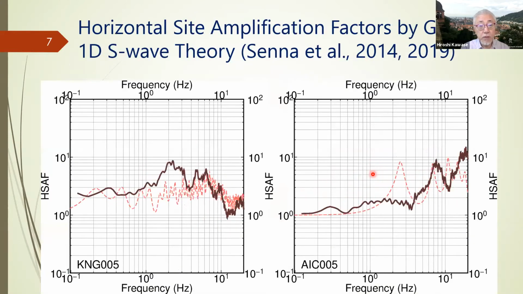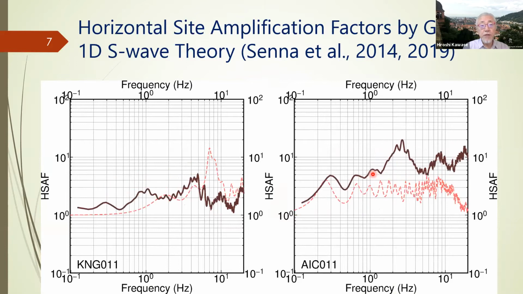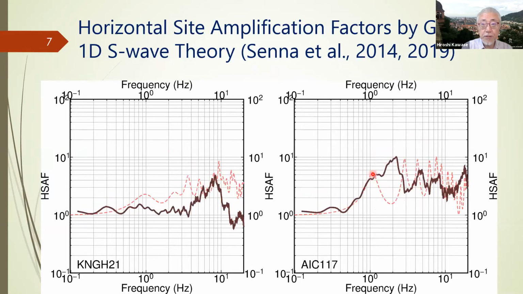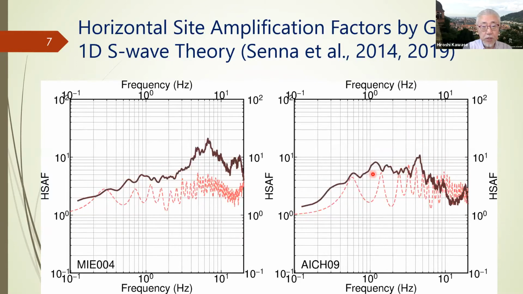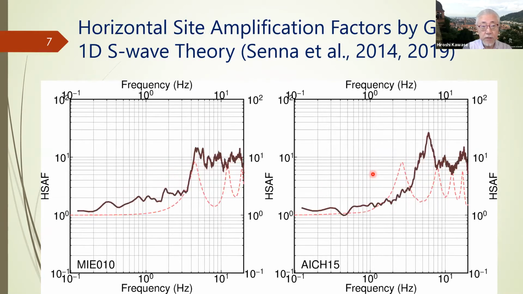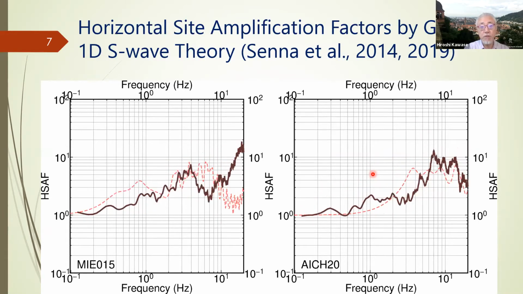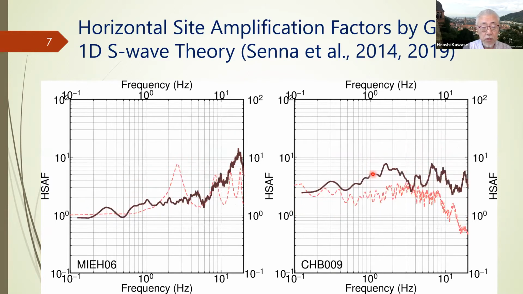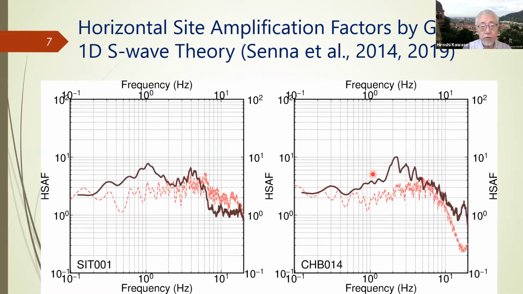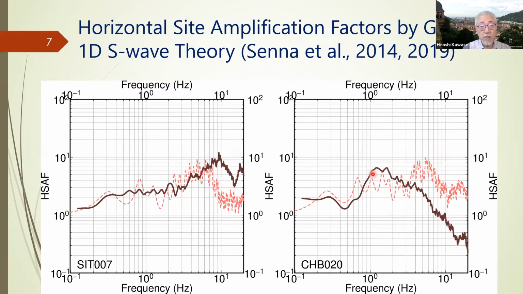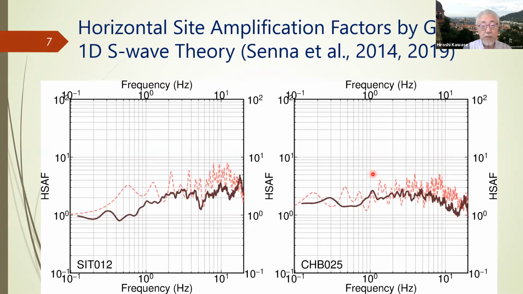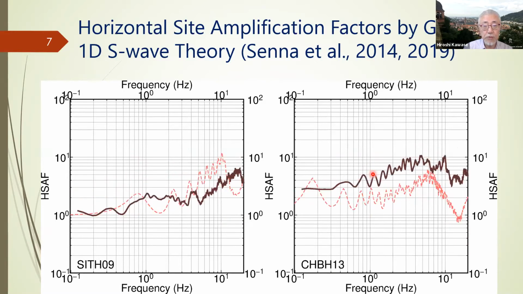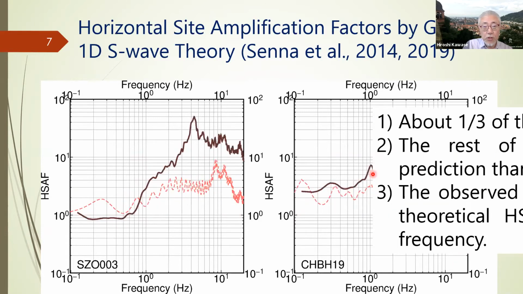But when we calculate 1D site amplification factor, we found the thick line here is the SAF from GIT, and the dotted line is the 1D S-wave theory from the seismological bedrock to the surface. As I mentioned, the matching is quite good at about 1/3, and maybe acceptable for about a half, but in general, frequency is slightly different, as well as the amplitude, not a perfect match.